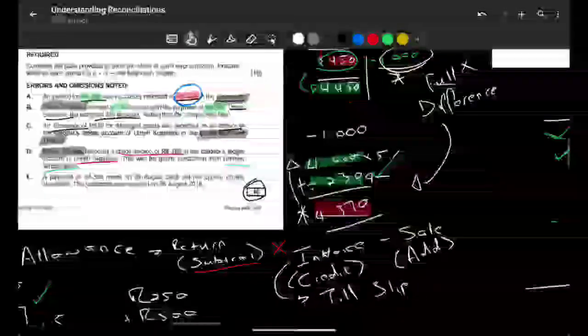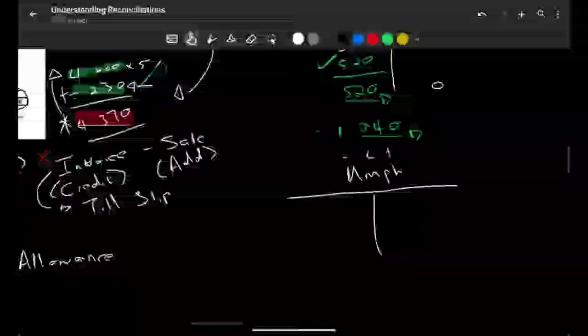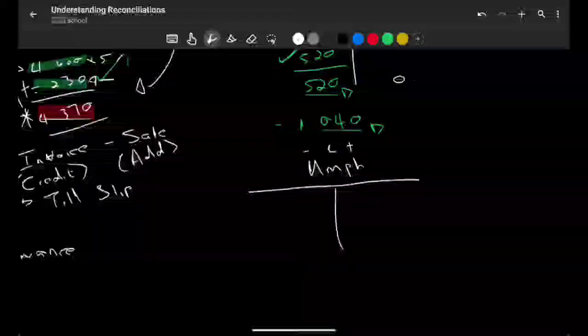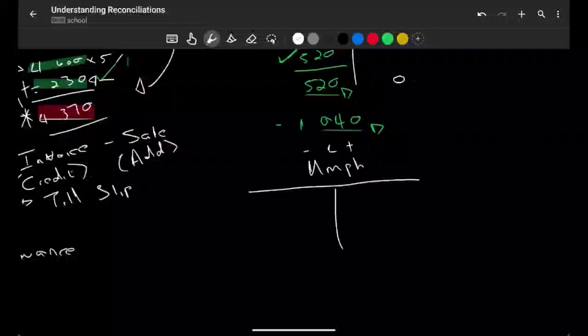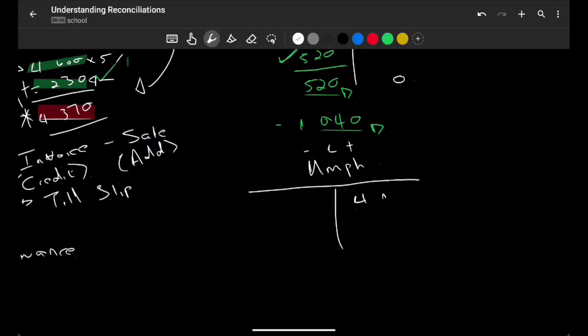How much was it? 4,190. So credit invoice. We bought, right? So 4,190. That was plus. That was there, right? Now this should not be here. This is incorrect. It should not be here.